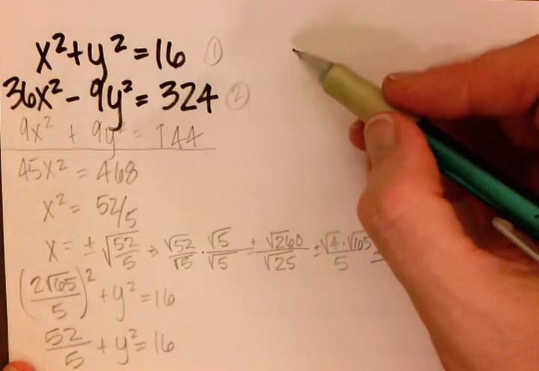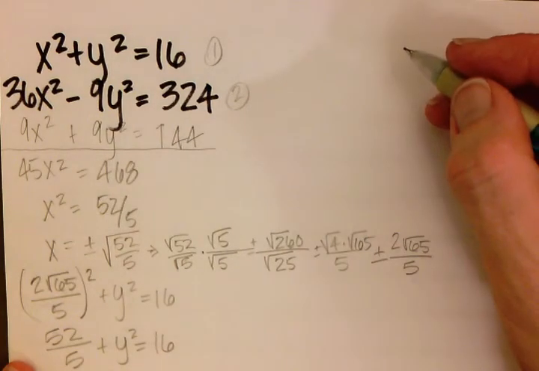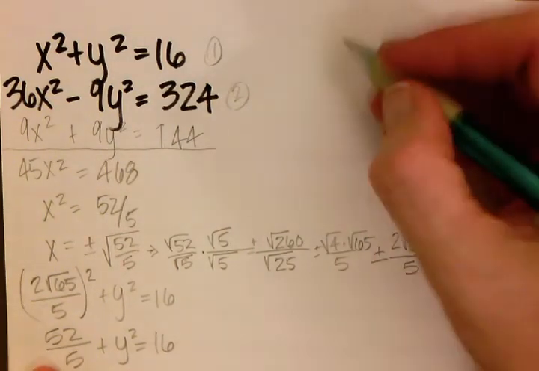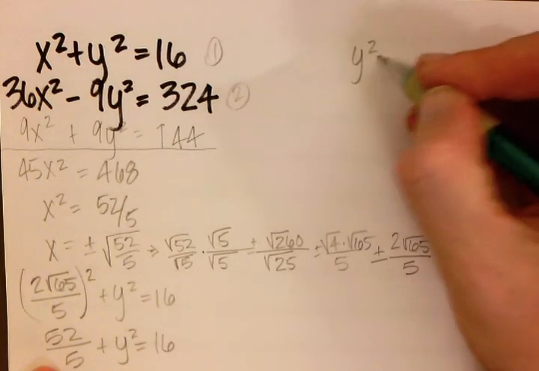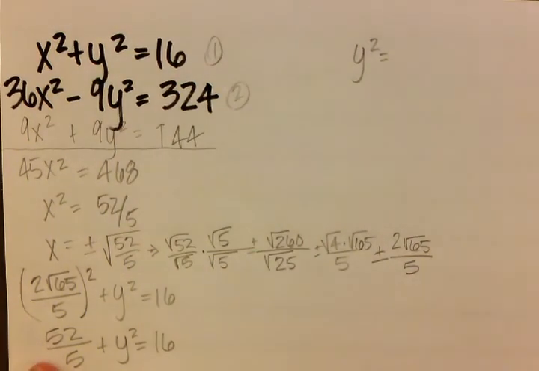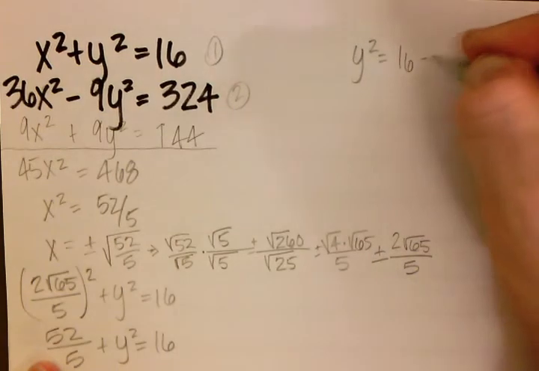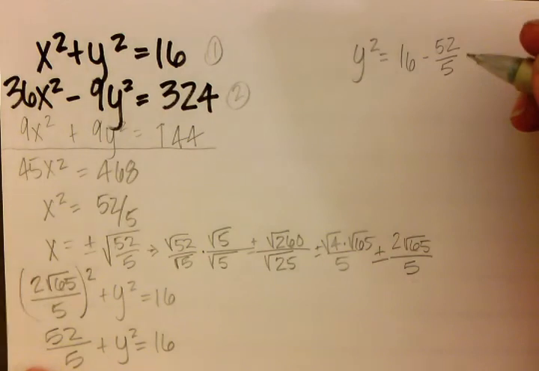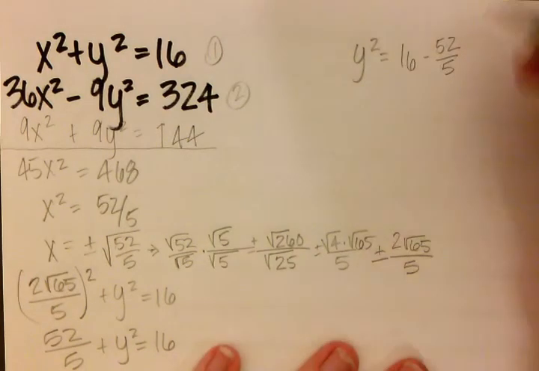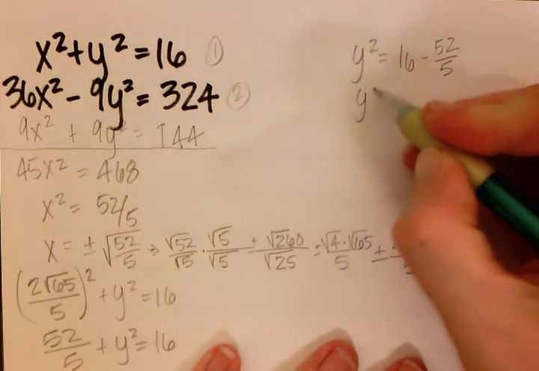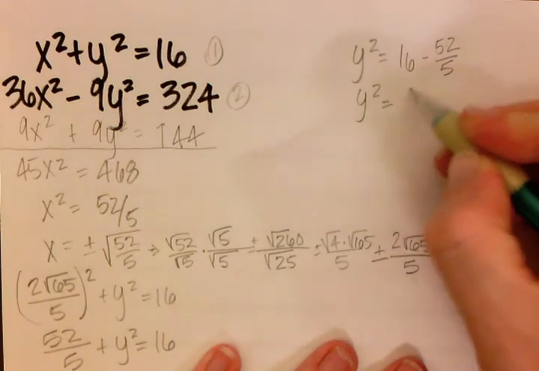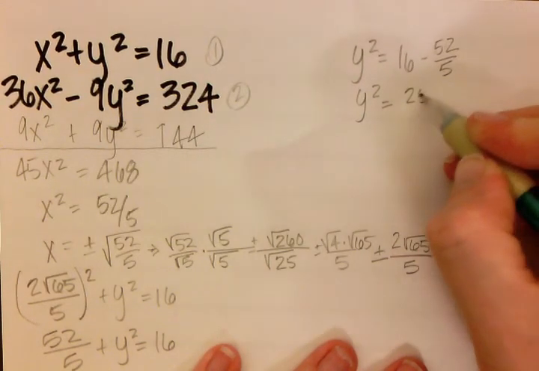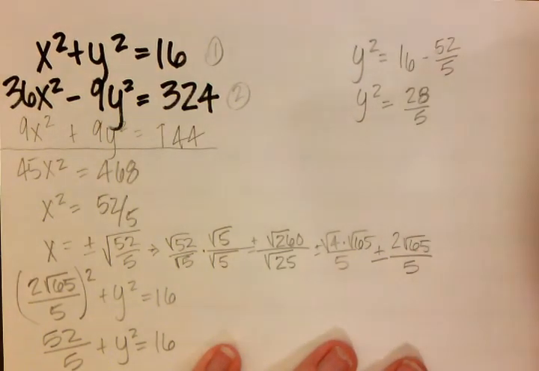I'm going to move back up here and carry on with this problem. Now we have y squared equals 16 minus 52 over 5. And that gives us y squared equals 28 over 5.